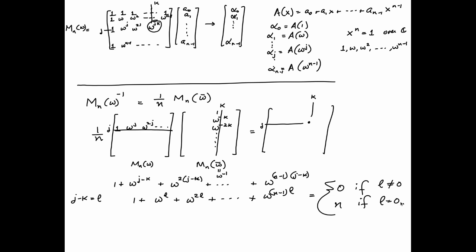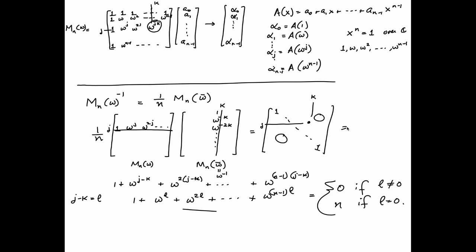What this means is that this entry is going to be 0 if j is not equal to k, and if j equals k, it's going to be n divided by n. So this matrix is 1 on the diagonal and zeros everywhere else.